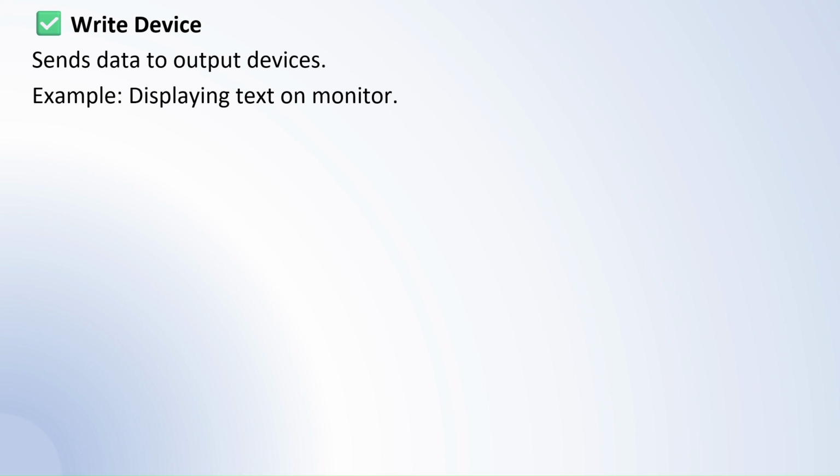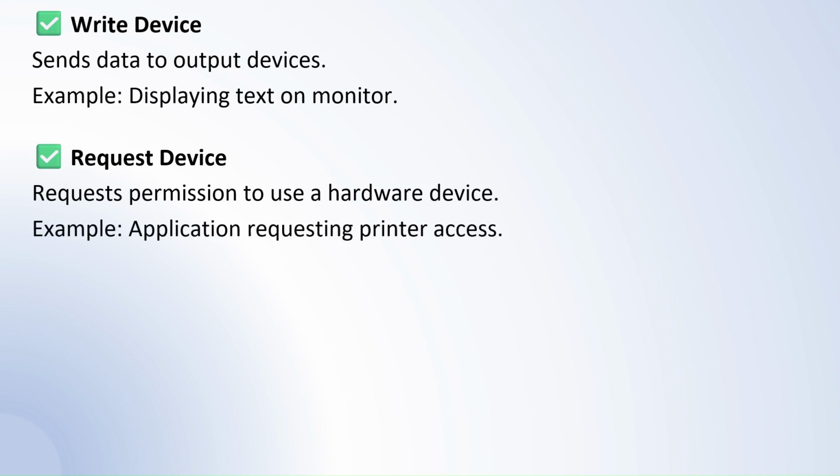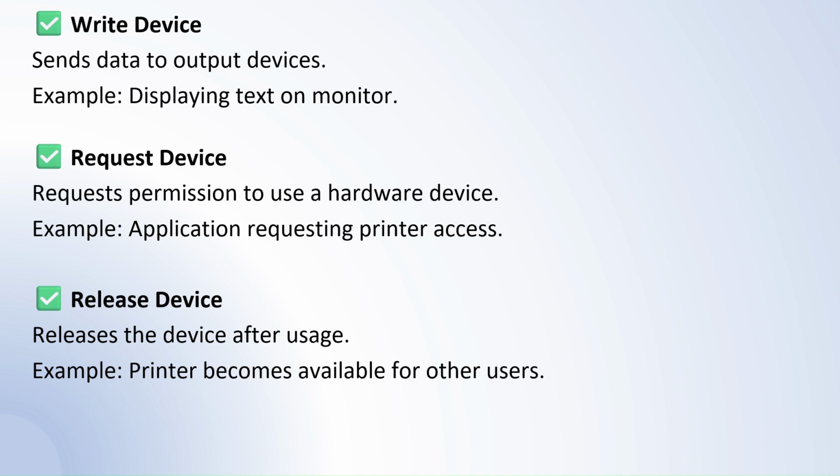Request device. Before using a hardware device, applications request permission from the operating system. For example, a document requests printer access before printing. Release device. After usage, the operating system releases the device so other applications can use it. For example, printer becomes available after printing is completed.